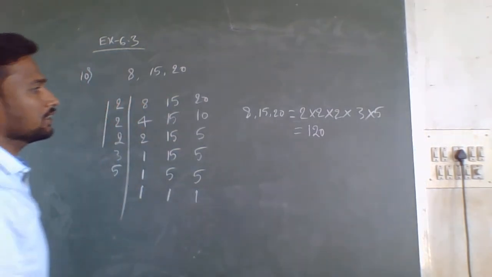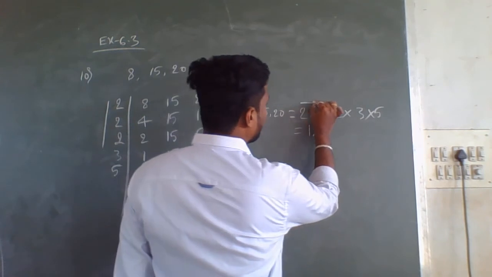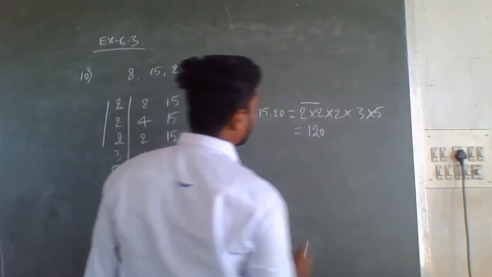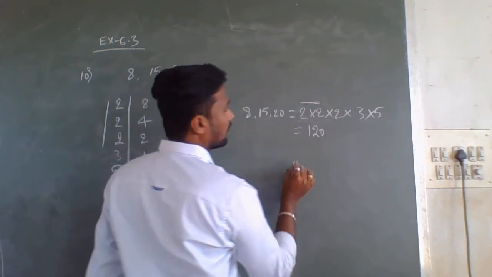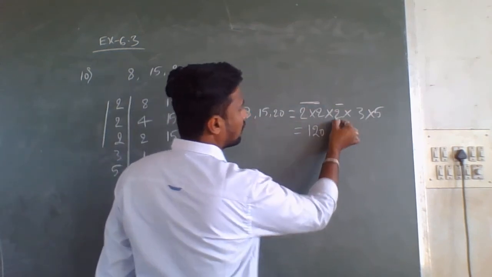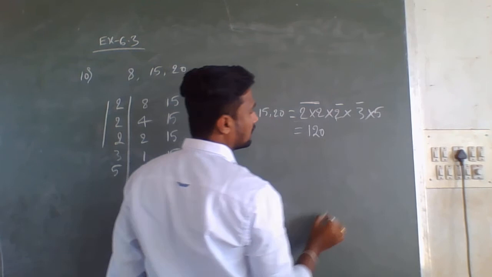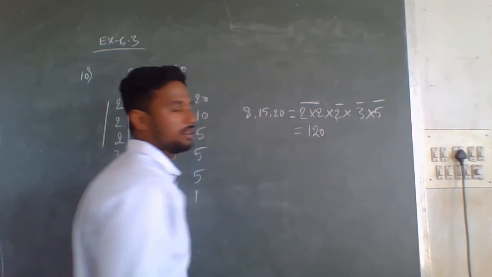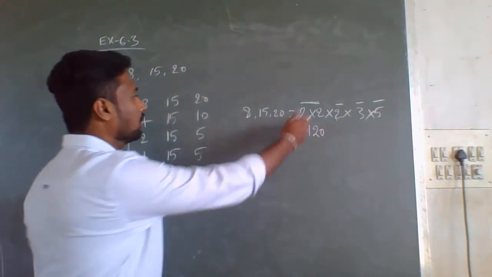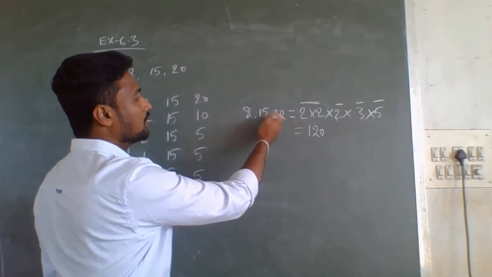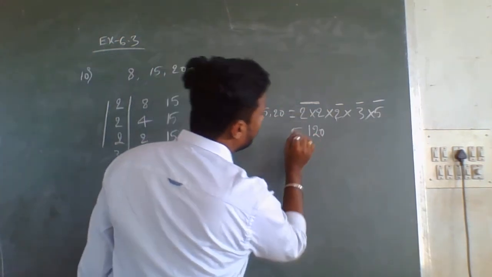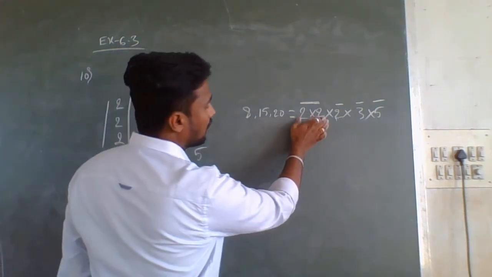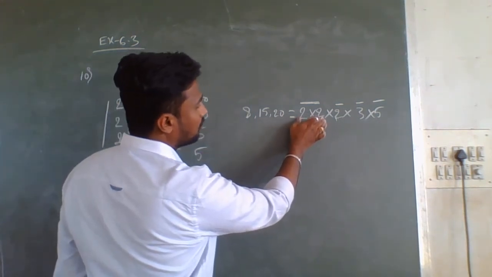But here you can see that only one pair of 2's is there. But here a single 2 is there and only one 3 is there. Only one 5 is there. In fact, in the factors of these values, only one pair of 2's is there, one group of 2's.